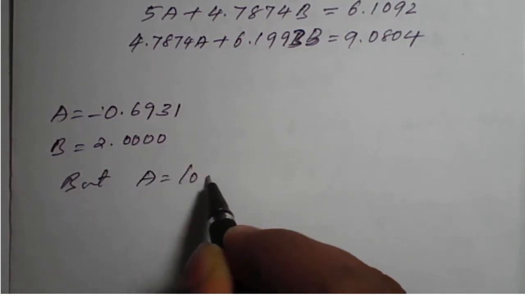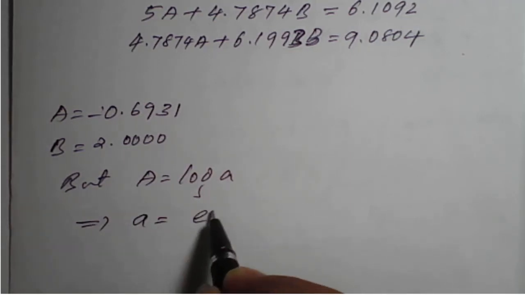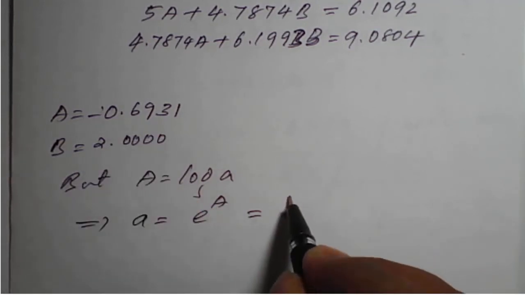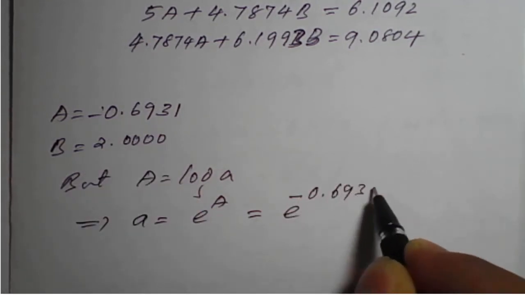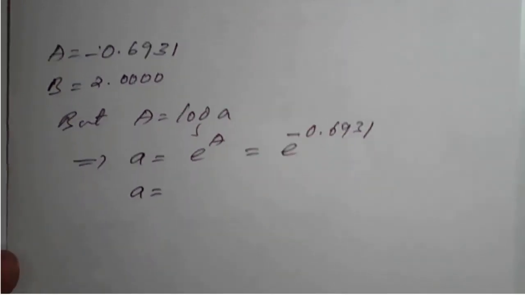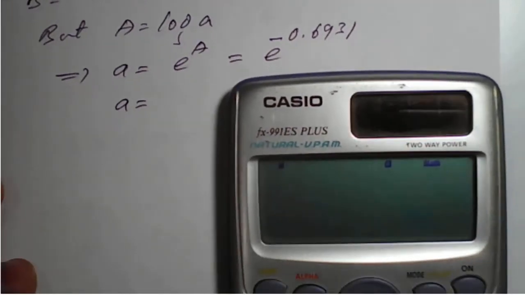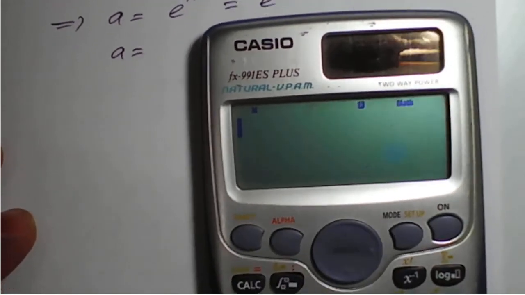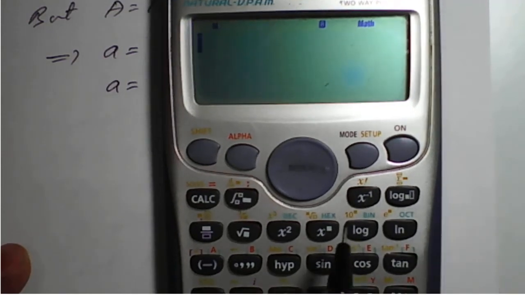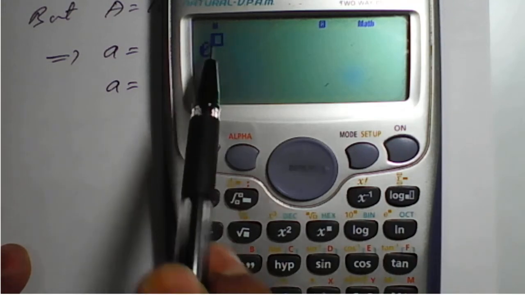On simplification, capital A is nothing but log of small a, which implies small a is equal to e raised to capital A, which is e raised to minus 0.6931. I will take the calculator here. In this calculator we use the yellow function: press shift into ln, and it becomes e raised to value.